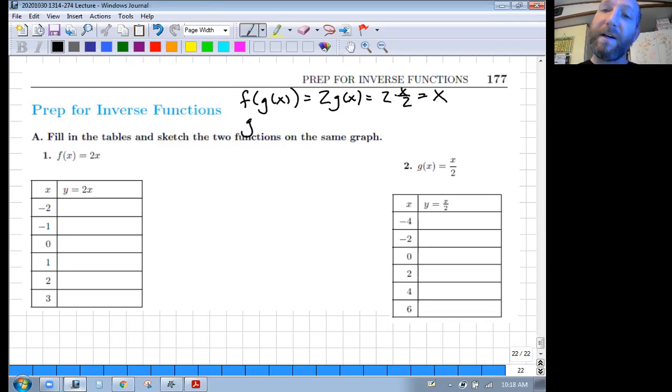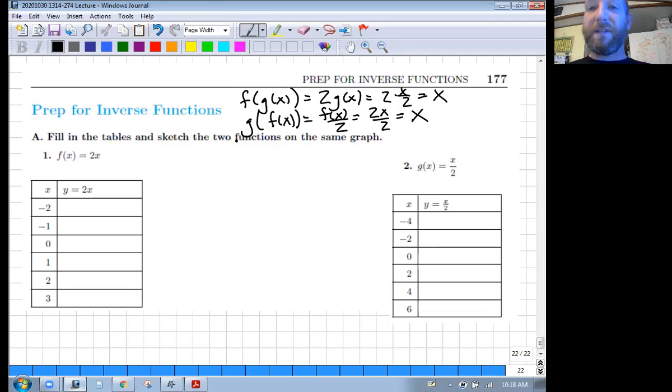Or if you did it in the opposite order, if you plugged f into g, well, g says divide by 2, so we have f of x over 2. But f of x says multiply by 2, so we have 2x over 2, which is just x. All right, they are inverses of one another.